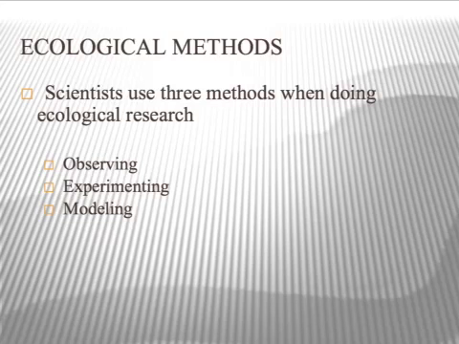Modeling is a little bit different, and this has to do with the idea that models can help us gain some insight into some very complex phenomena, maybe over a longer range.